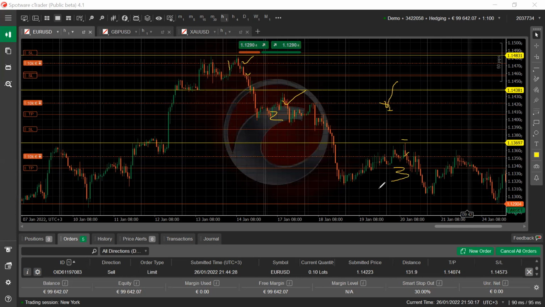So as you can see, you can actually have very many trades, and that is only the sells, when you're doing your sell limit. On the same note, you can do what is called a buy limit. And the buy limit will just be the same as the sell limit, only going upwards.